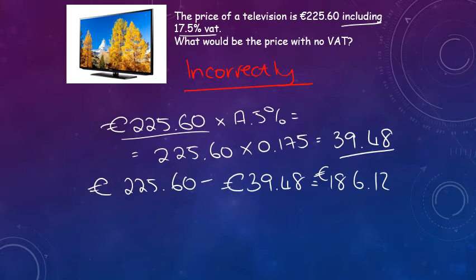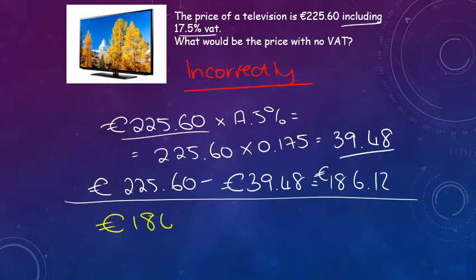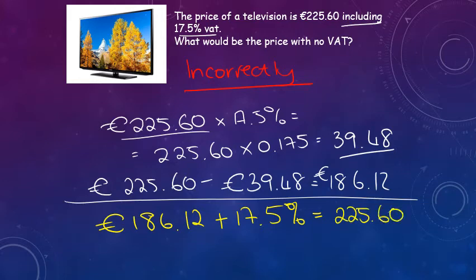I think I've done some maths quite well, but there's an issue. Okay, now pay attention. If this is the price before tax, and I have to add on tax of 17.5%, I should get, according to the price above, that.